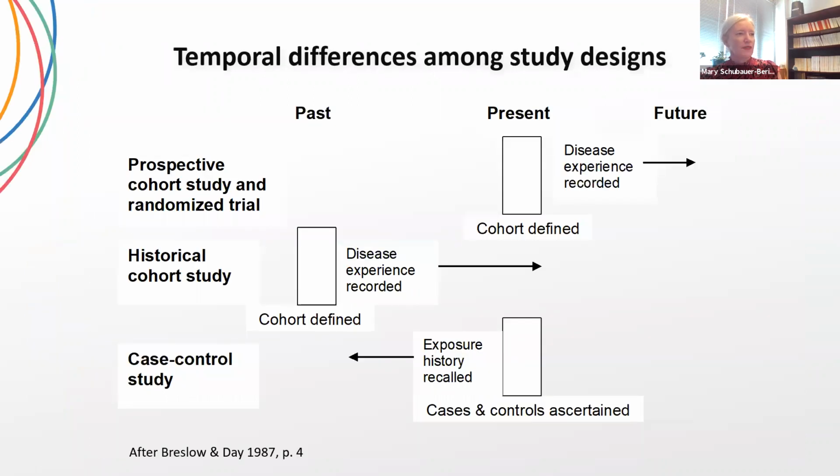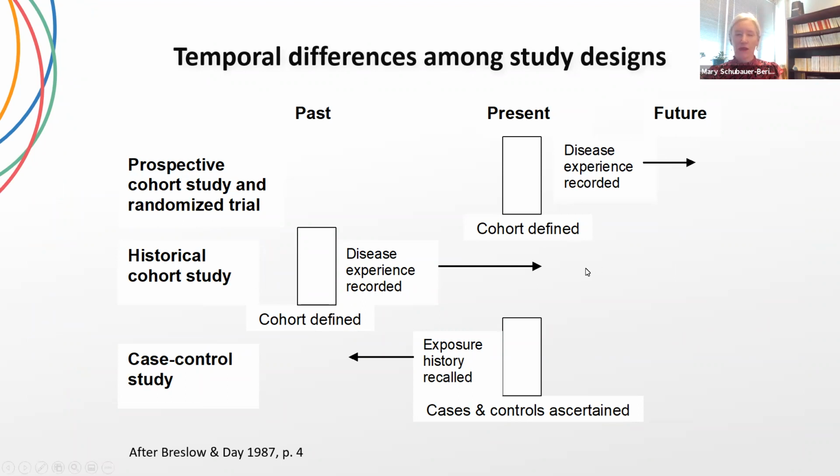There are different perspectives on study designs depending on where the study data are in relation to the person conducting the study. In a prospective cohort study and in a randomized trial, sitting from the viewpoint of the present, the cohort is defined in the present, and then disease experience is recorded going into the future.